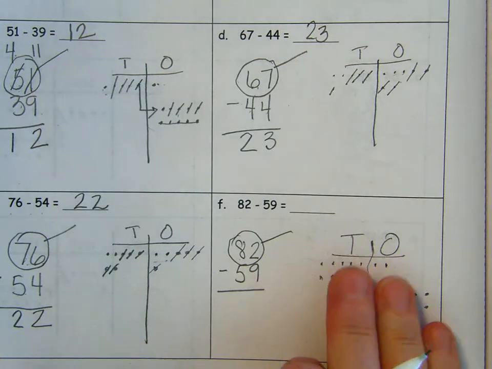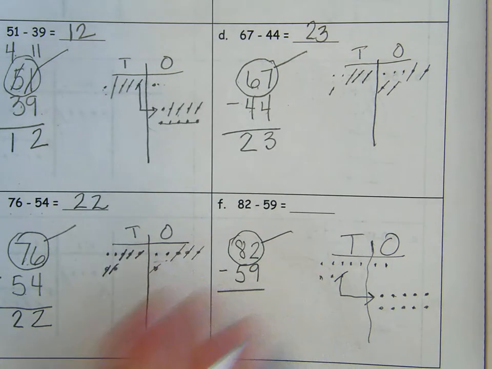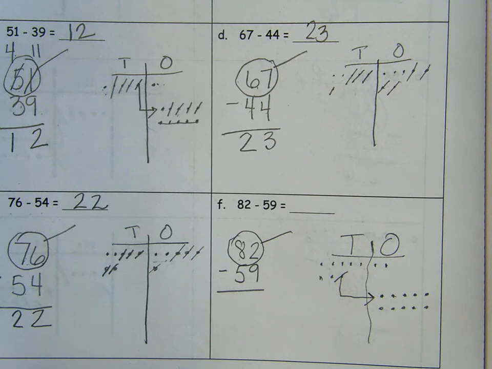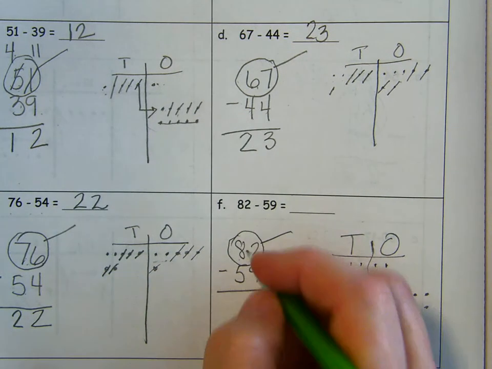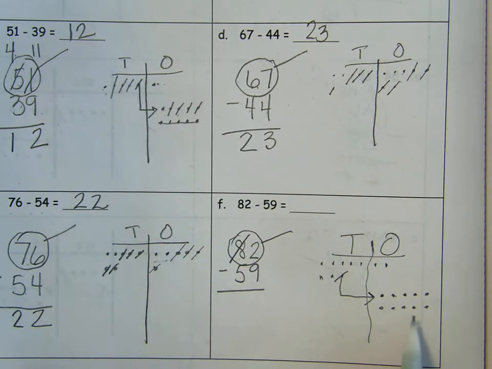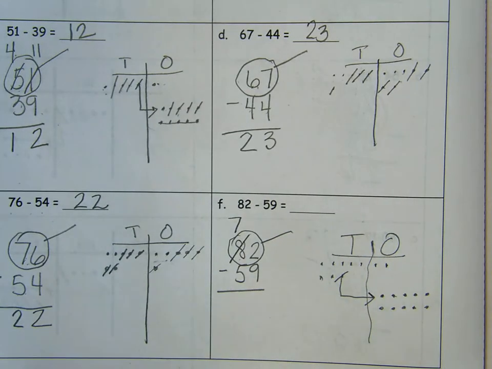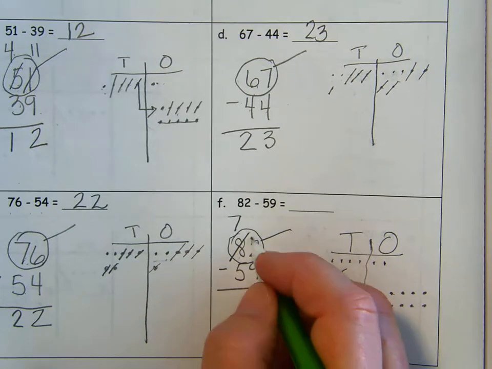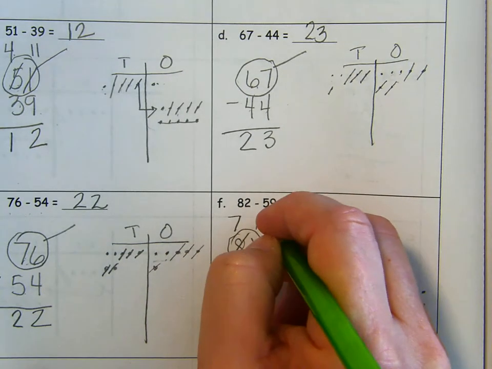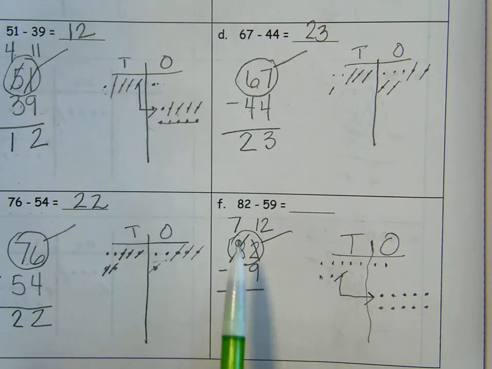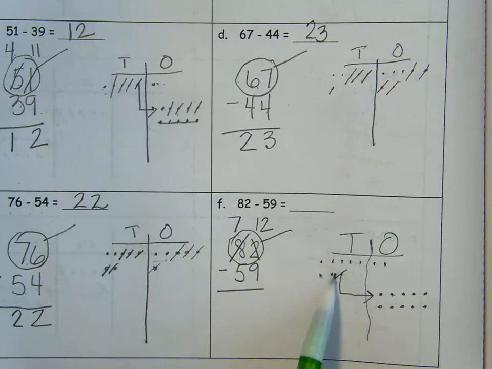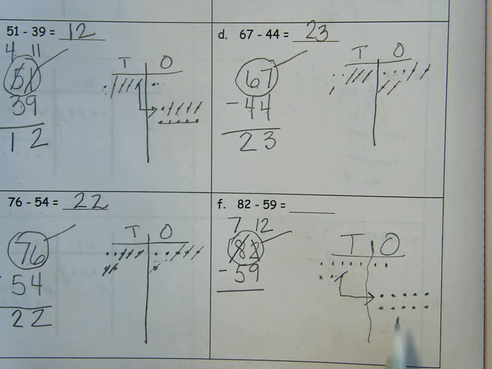Excellent. Whatever I do to my chip model, I have to change over here. They have to match. So I no longer have 8 10s. I took 1 to decompose. So now I have 7 10s. I don't have 2 1s. I have 10 and 2, which is 12. So now this looks the same as this. I have 7 10s. I have 12 1s.